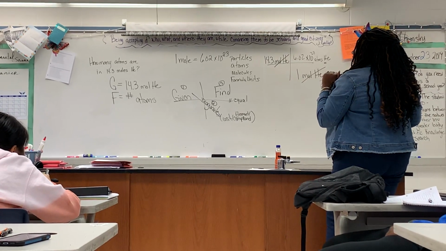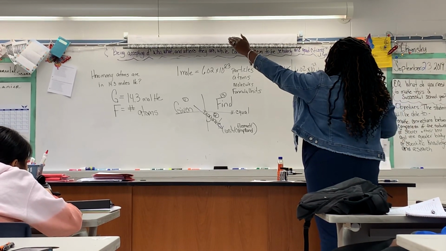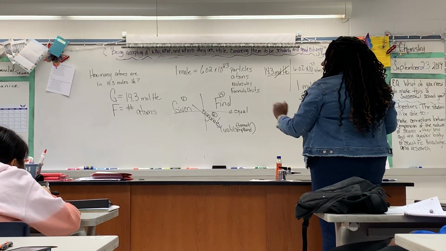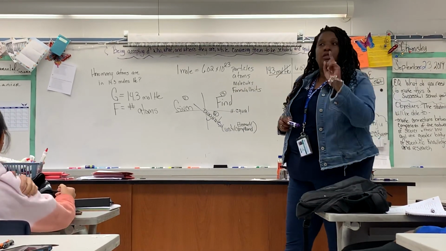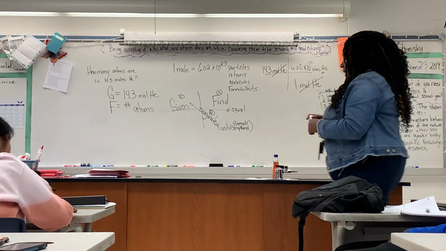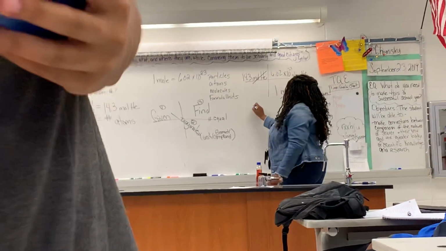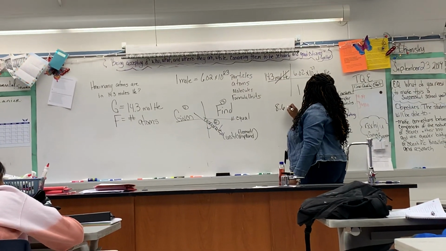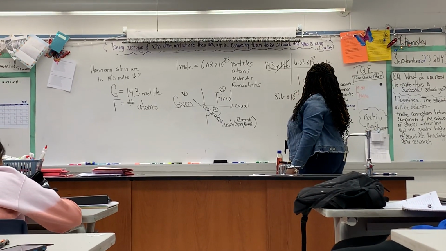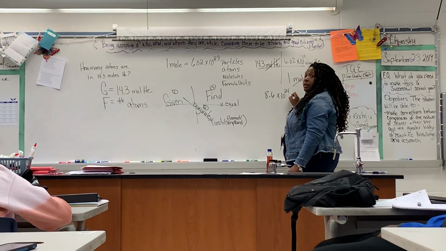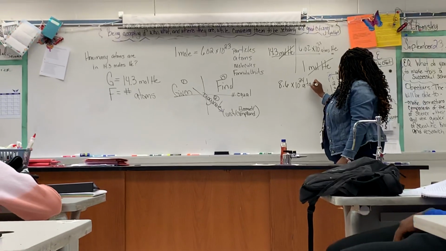So 6.02 second, double E, and you should see an E on your calculator. Do you? Now you're ready for your exponent, 23. And the answer is what? 8.6 times 10 to the 24 atoms of helium. Good.